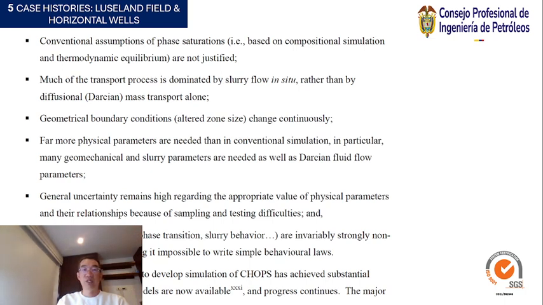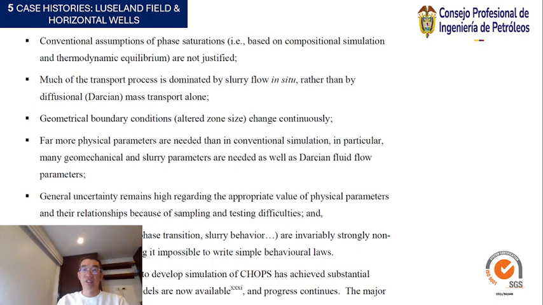Geometrical boundary conditions: the mobilized zone size changes continuously. Far more physical parameters are needed than in conventional simulation.